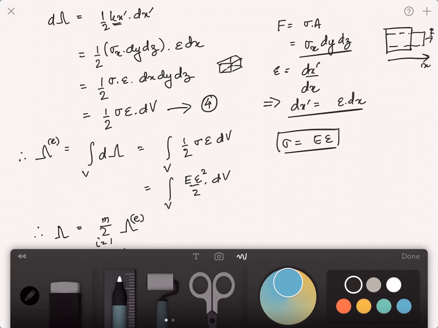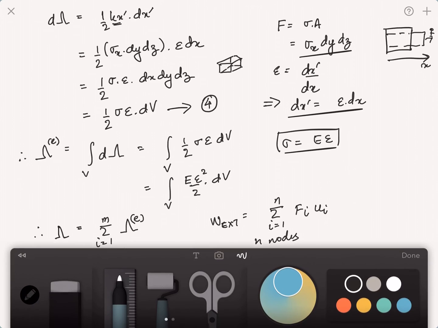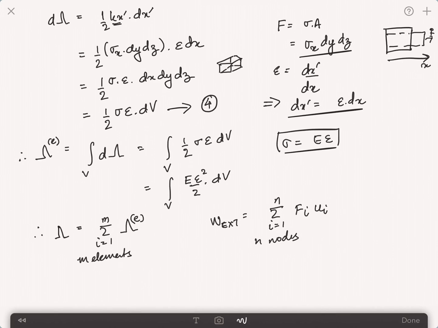So we can write that the work done externally, WEXT, can be given as a summation of, let's say, 1 to n, where there are n nodes, of force times displacement at that node.